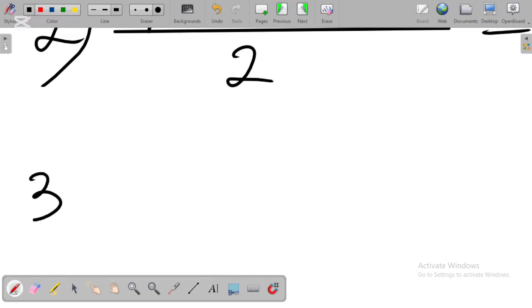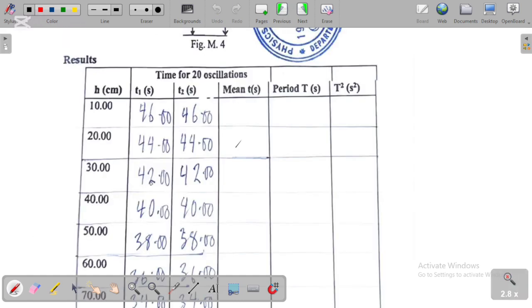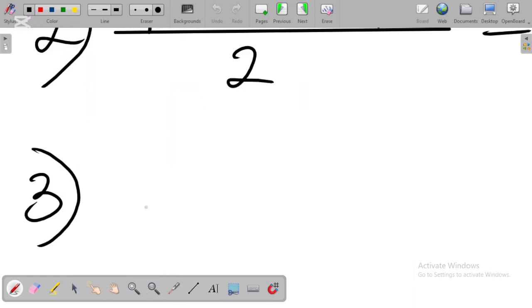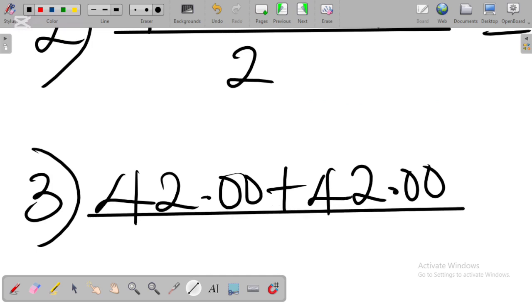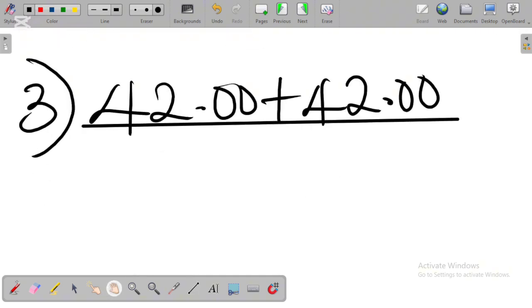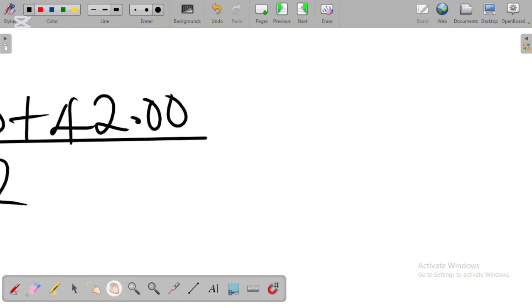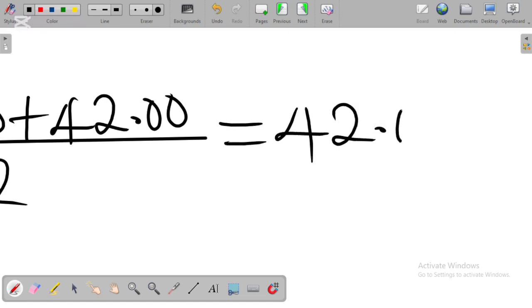Alright, let's consider the third one. We have 42.00 and 42.00. 42.00 plus 42.00, all divided by 2. So if you punch your calculator, it would give you 42.00.